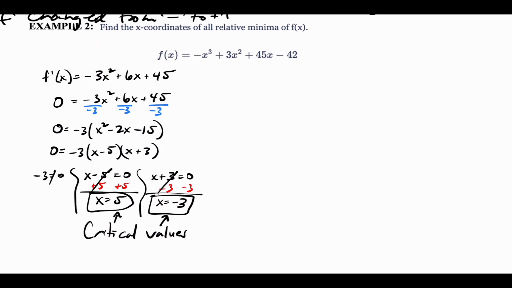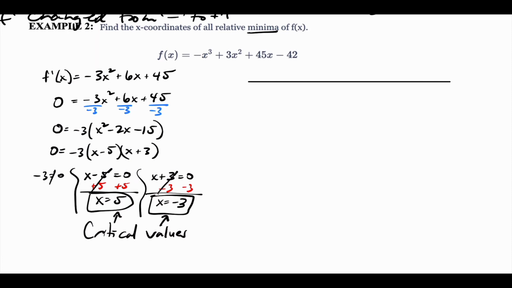Minimum. They use the word minima because just in case there's more than one, minima is just the plural of minimum. Minimum means there's only one. Minima means there could be more than one.